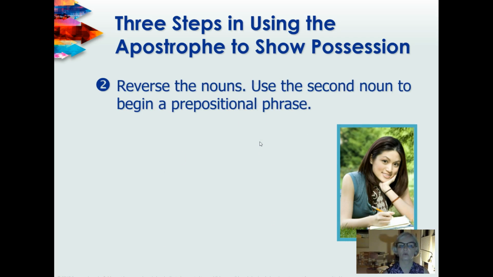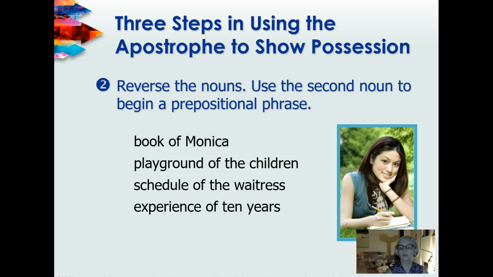Let's see how this works out. How can we reverse this? Well, as I mentioned before, the book of Monica, right? So the playground of the children, the schedule of the waitress. So this is how we can check whether it actually is a possessive construction. All right, test. Keep that in mind.